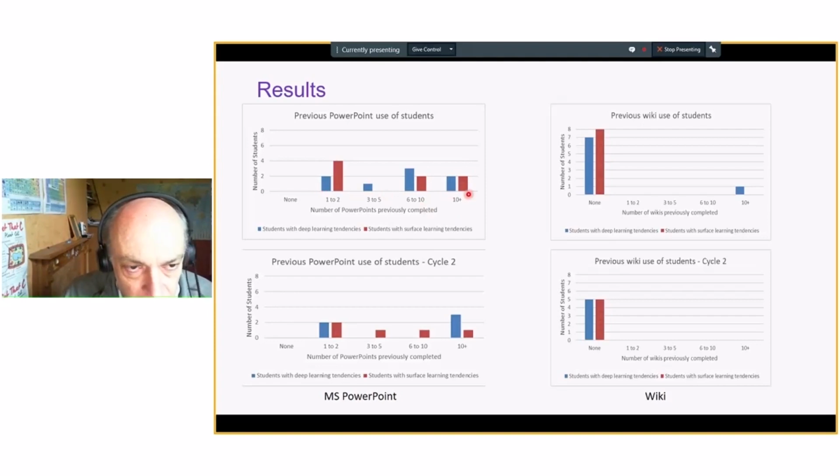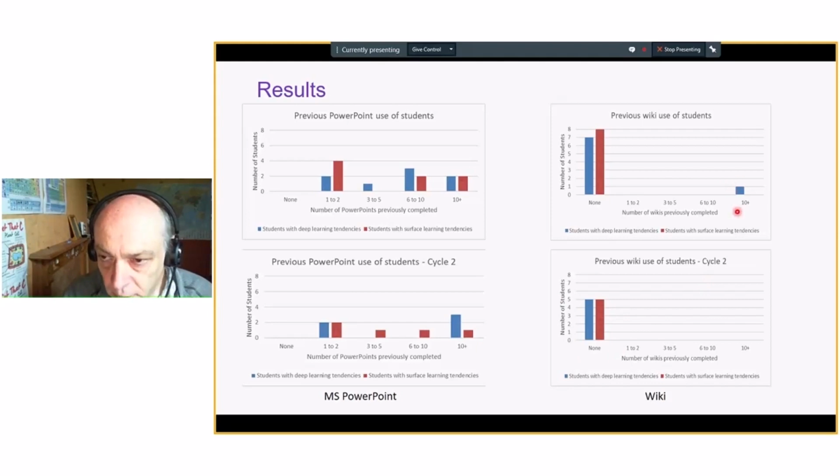You can see that students had quite a lot of experience of making PowerPoints in both cycles here. Some students had experience of making 10 plus Microsoft PowerPoints. Conversely, the wiki use of students in both cycles was very limited.